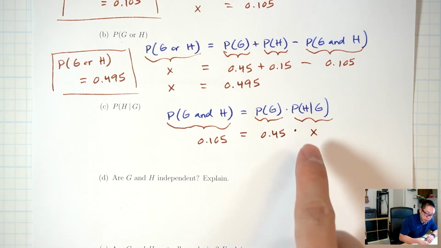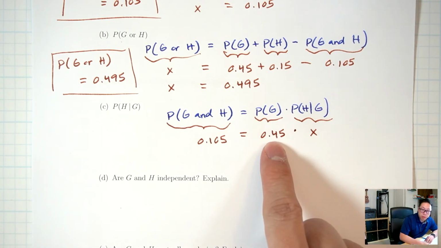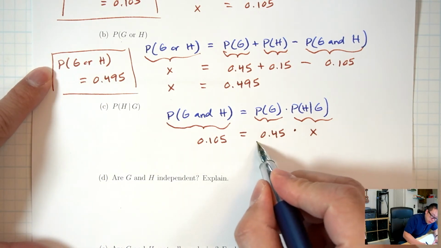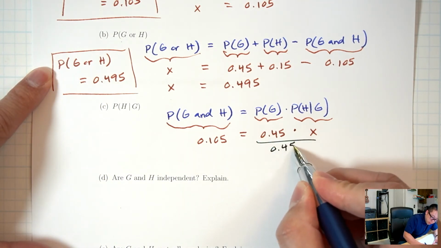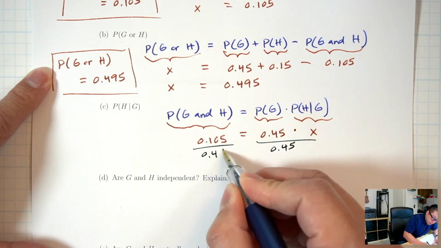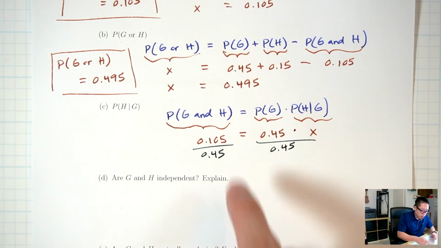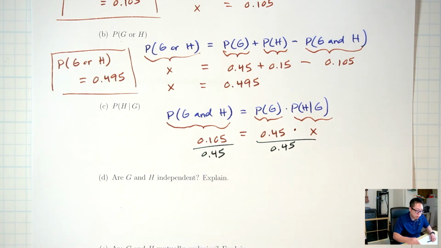Okay, so here the x is not by itself right now, right? There's this 0.45 being multiplied. So to get rid of the 0.45, you're going to do the opposite of multiplication. So divide both sides by 0.45. Okay, left side, 0.105 divided by 0.45.